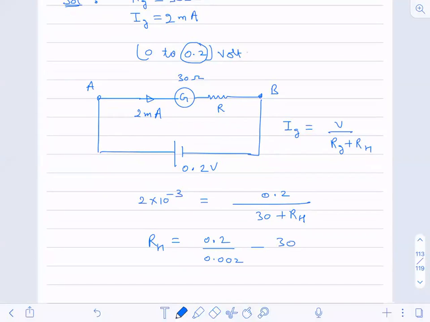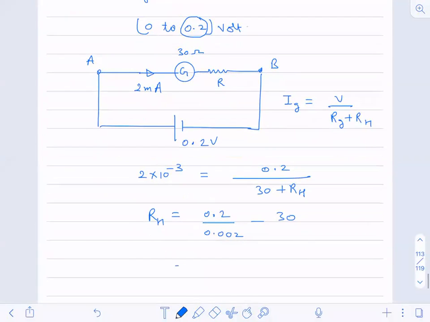Okay, so what will you get now? And 70. Okay, good. Rh value is 70 now.